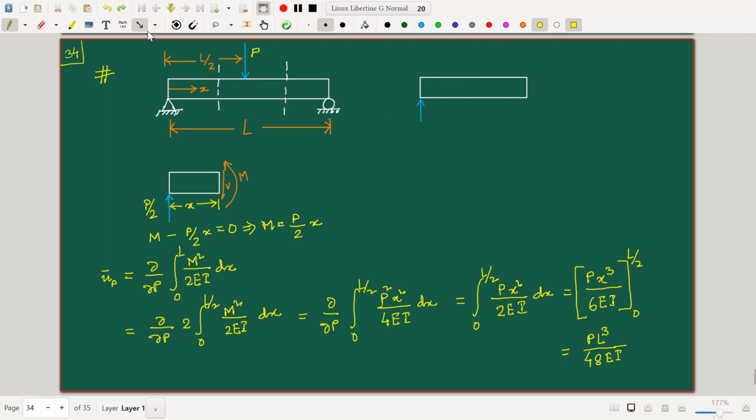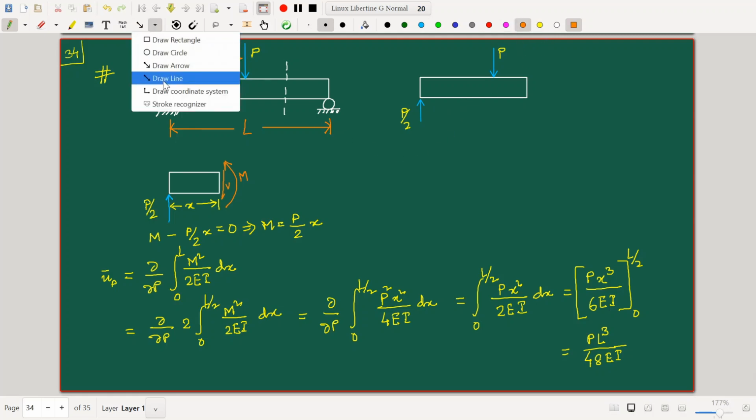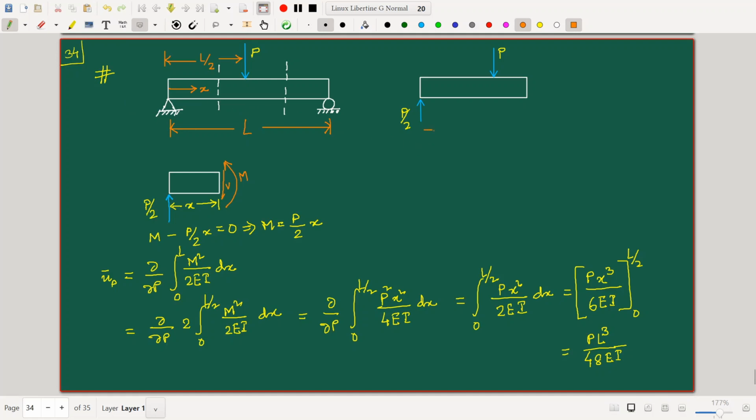That would have been P by 2 here, but we would also have the contribution from this downward force P, because now note that this entire thing is our x, and this is still L by 2.